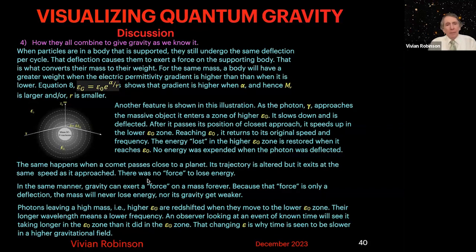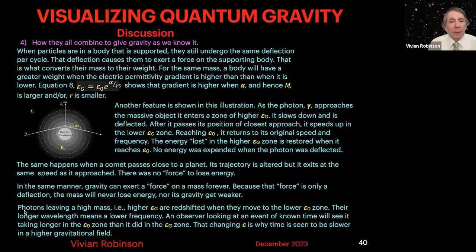There was no force to lose energy. It was just a deflection. In that same manner, gravity can exert a force on a mass forever. Because that force is only a deflection, that mass will never lose energy, nor its gravity get weaker.